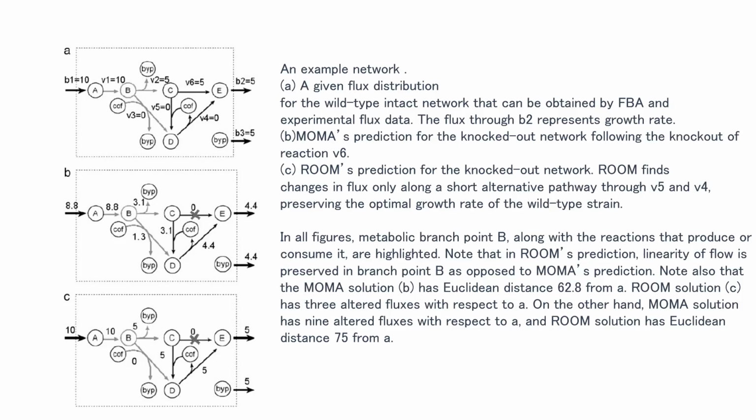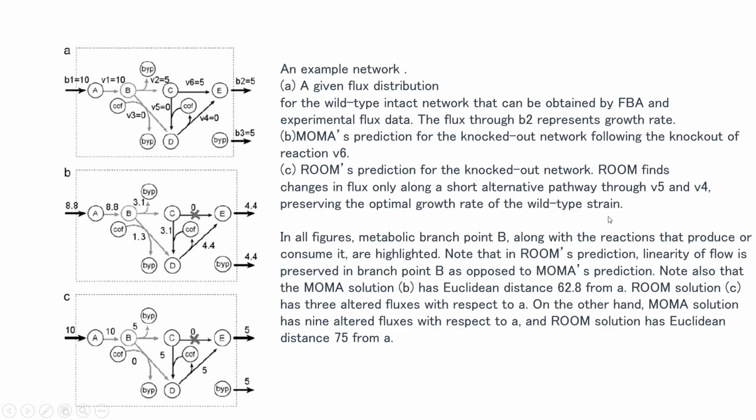Remember MoMA's idea: it is to minimize the Euclidean distance between your mutant optimal solution and your wild type optimal solution. So in case of the MoMA solution, the Euclidean distance is certainly lower compared to ROOM's solution. It is 62.8 compared to 75 in the ROOM solution.